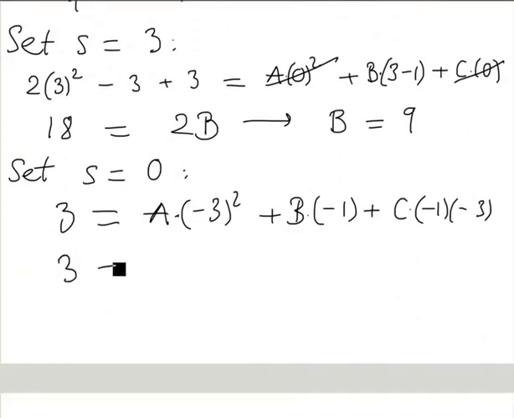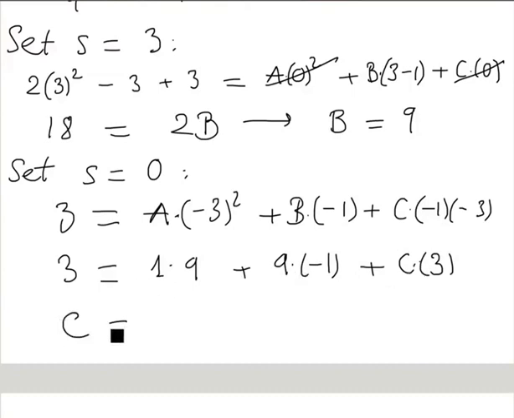So we have 3 here, and a is 1. Remember, we have above 1 times 9, b is 9, so 9 times negative 1 plus c times 3. So from here, try to solve for c. It turns out that this cancels out, so c is equal to 1.